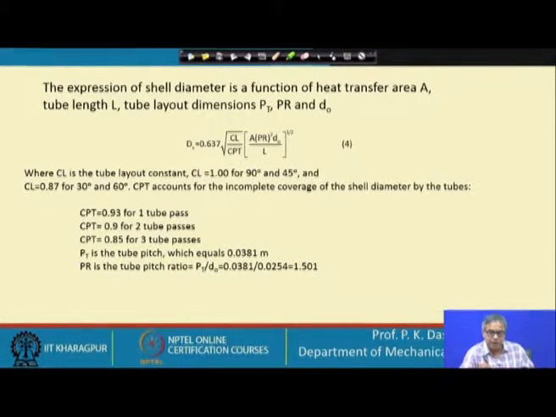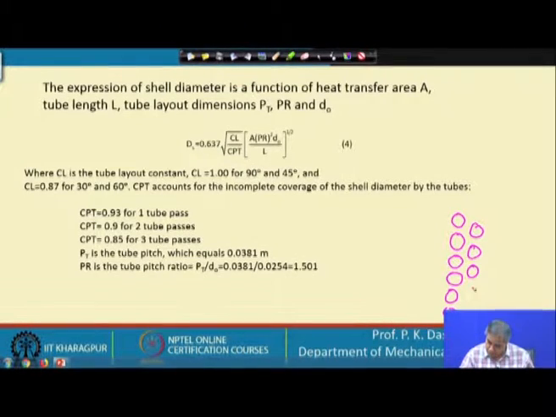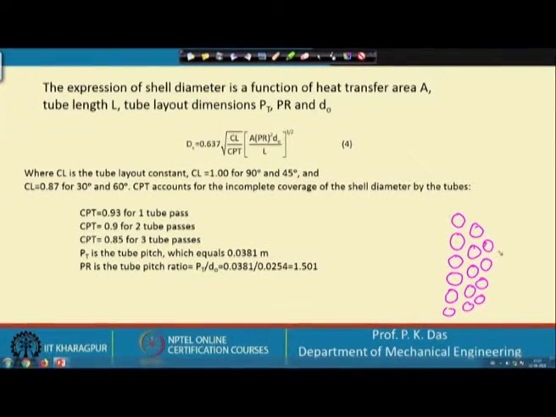So, if we look into how it is done, it is like this. The tubes are laid like this. Let us say the tubes are laid like this. I have taken just some example, something like this.